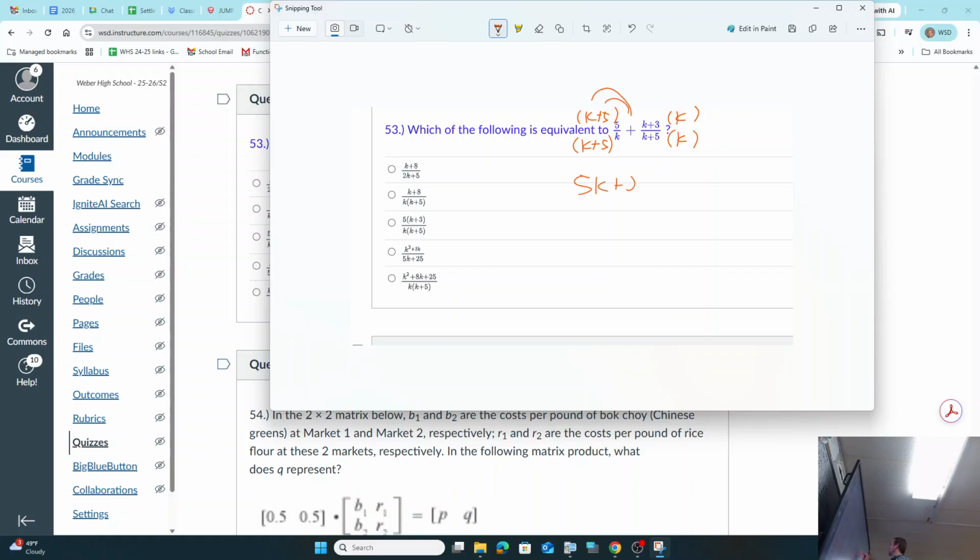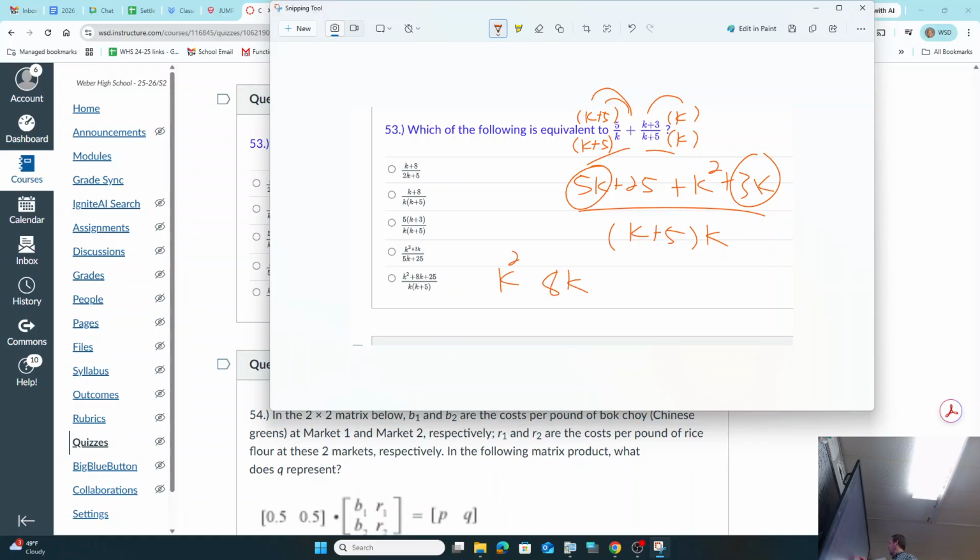So we get 5k plus 25 plus k times k is k squared plus 3k. And that's all divided by k plus 5 times our common denominator once. So there's our answer. Let's combine like terms. So 3k and 5k together, that's 8k.